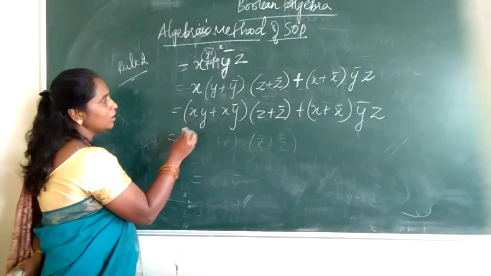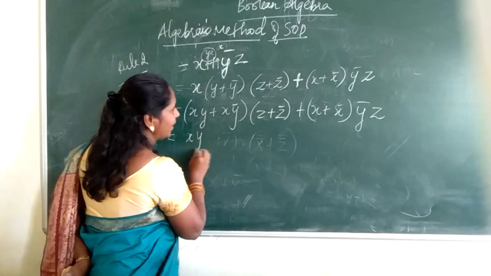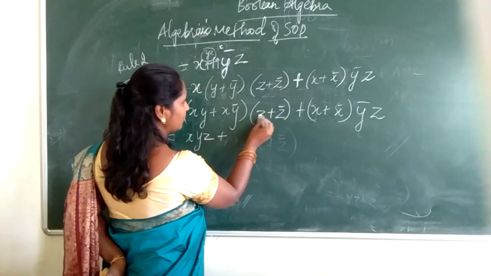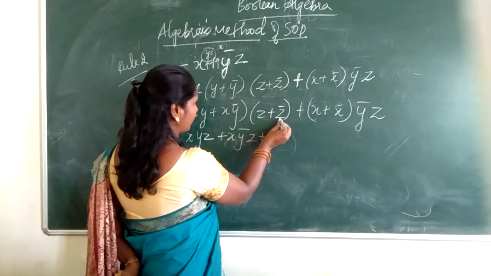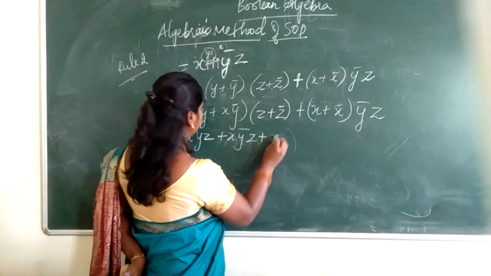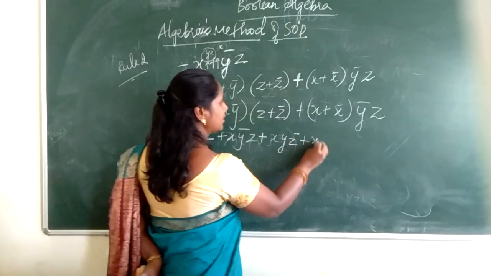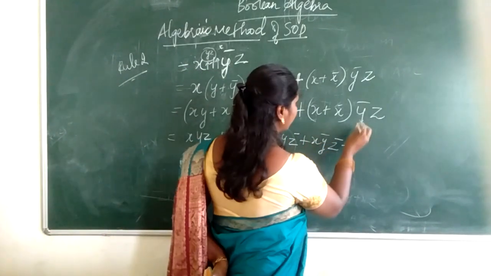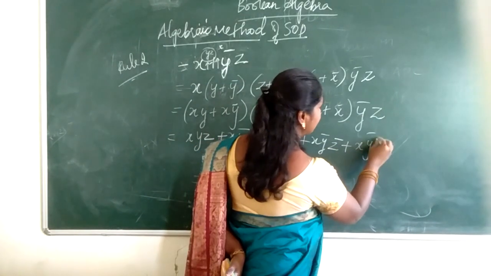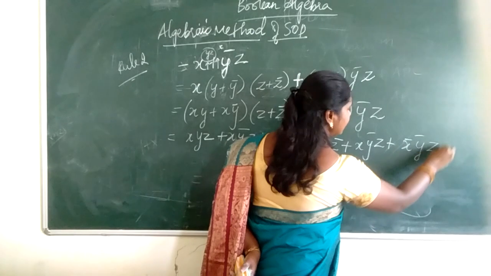Now we multiply: x y z plus x y bar z plus x y z bar plus x y bar z bar. Next x y bar z plus x bar y bar z.